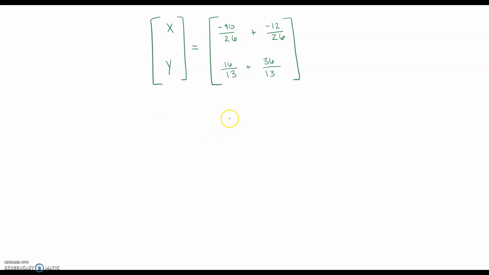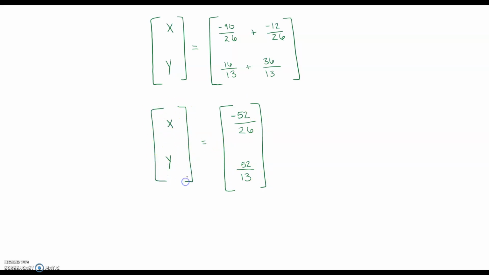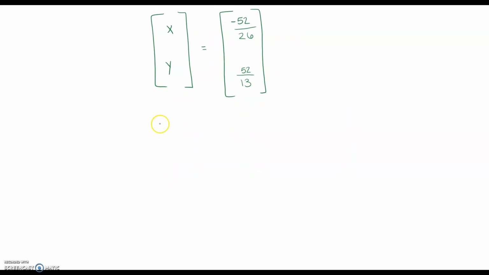So -40 minus or plus -12 is -52 over 26. 16 plus 36 is 52 over 13. And those are my x and y values, except they can be simplified, so I must do that.